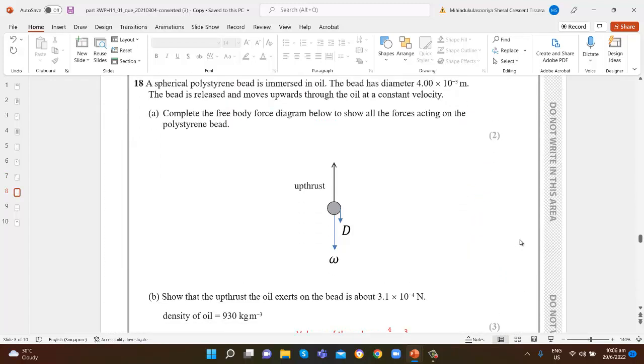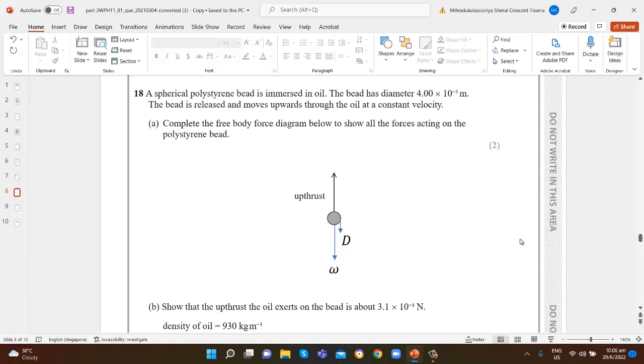Now going to number 18. A spherical polystyrene bead is immersed in oil. The bead has diameter 4 times 10 to the power minus 3 m. The bead is released and moves upwards through the oil at a constant velocity. Part A, complete the free body force diagram below to show all the forces acting on the polystyrene bead.